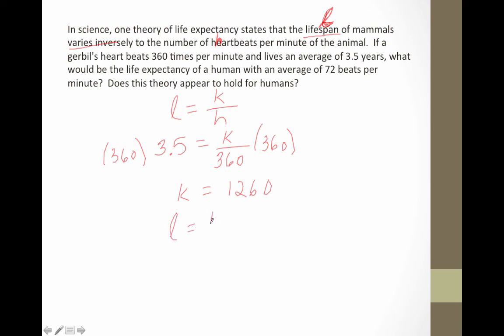So L equals 1,260 over H. And then the question is, what would the life expectancy be? So what is L for a human with an average of 72? So 1,260 over 72.